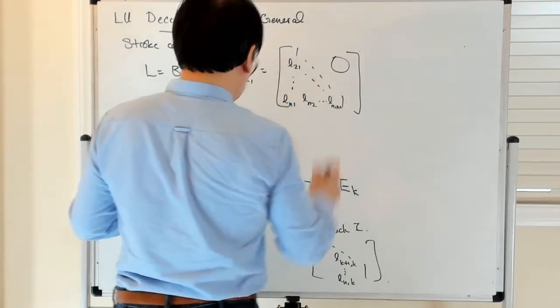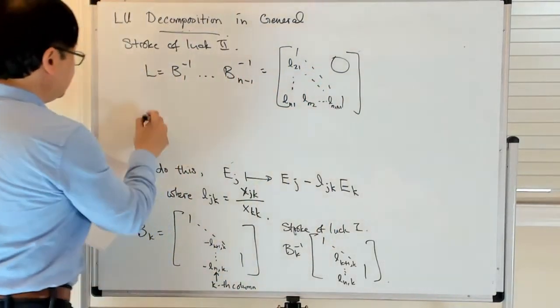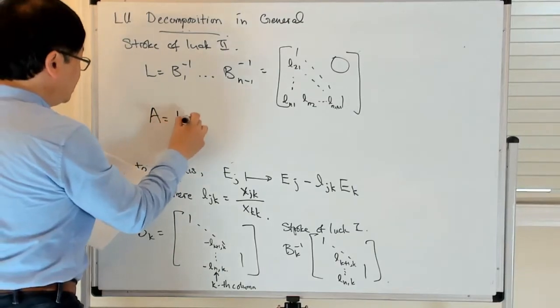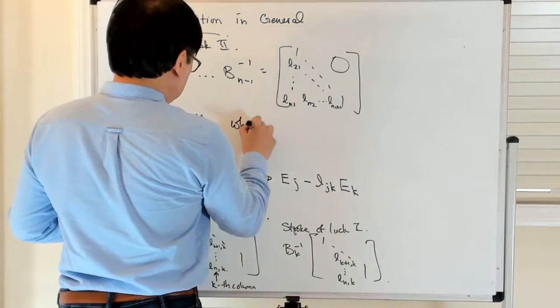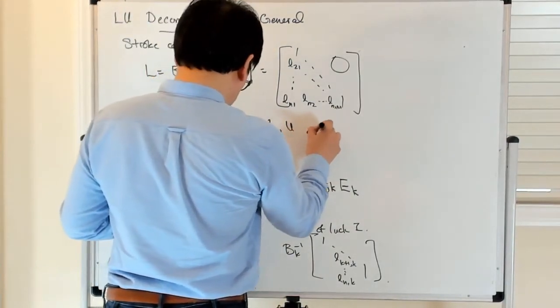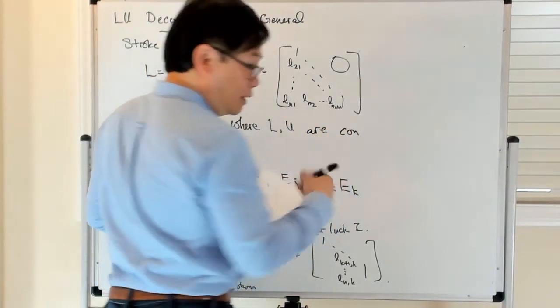This gives you that A is equal to L times U, where L and U are constructed using elementary row operations.